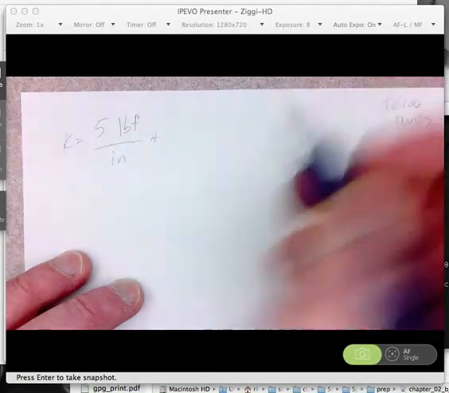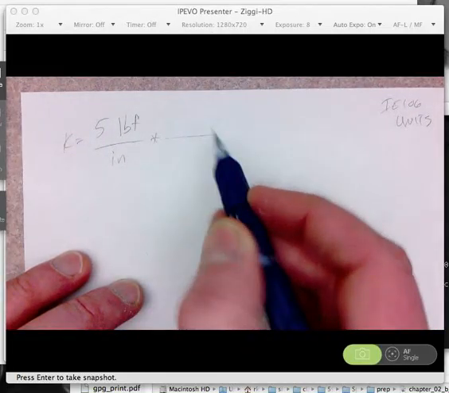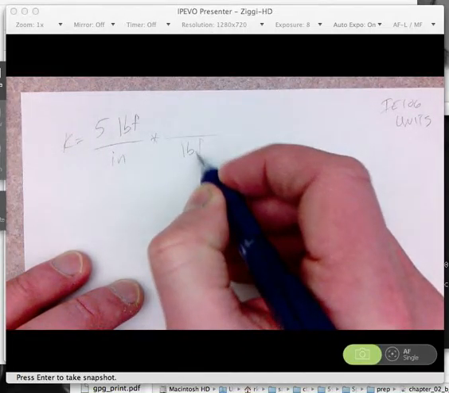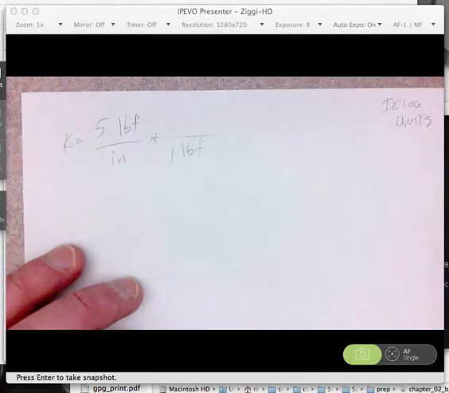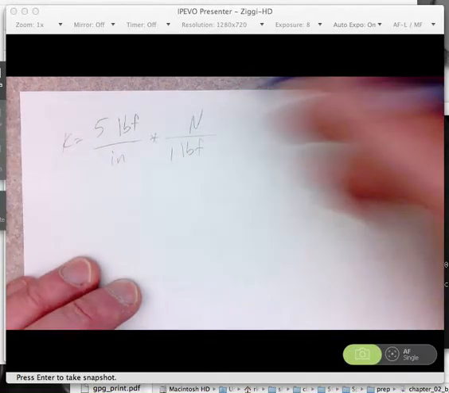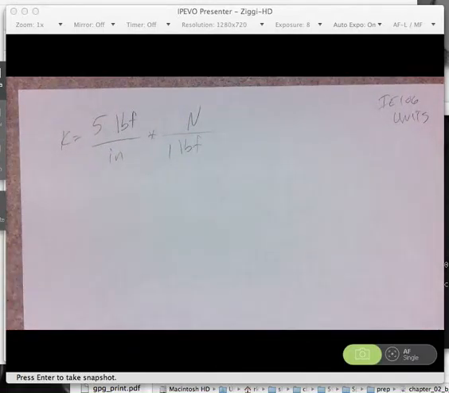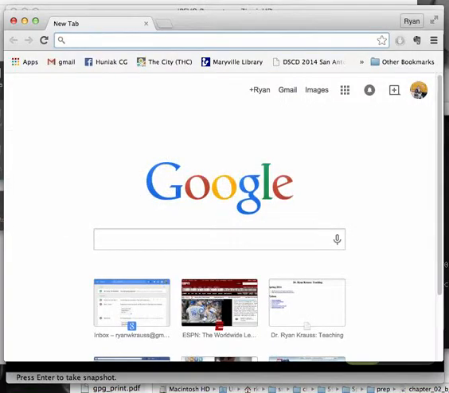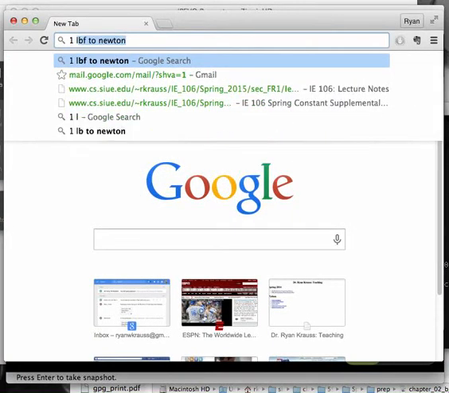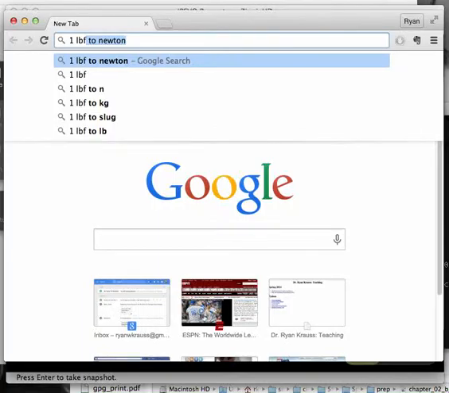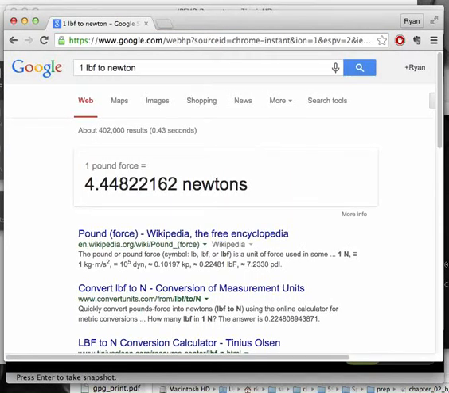So one of the things I'm going to do is make sure, for example, that LBF is here in the denominator. I'm going to have one LBF, and I'm going to try to find out how many newtons that is. I'll give you a unit conversion sheet for the exam, but I'm going to specifically go over here and say 1 LBF to Newton, and apparently, according to Google, the answer is 4.45.